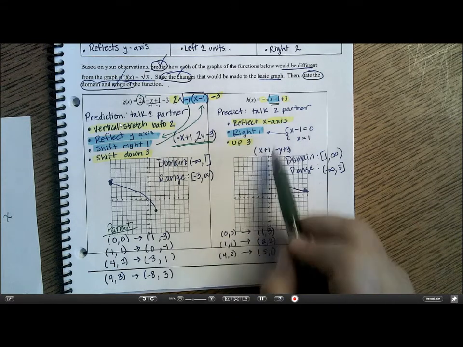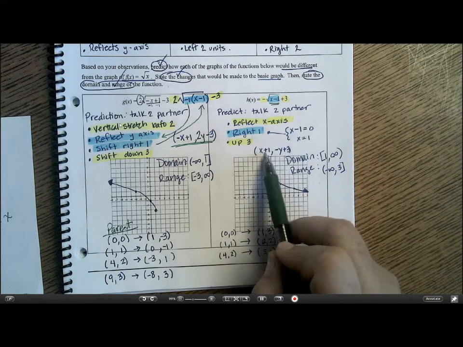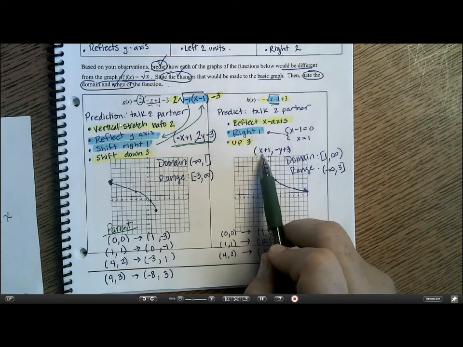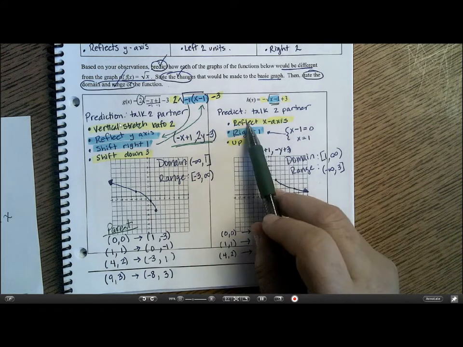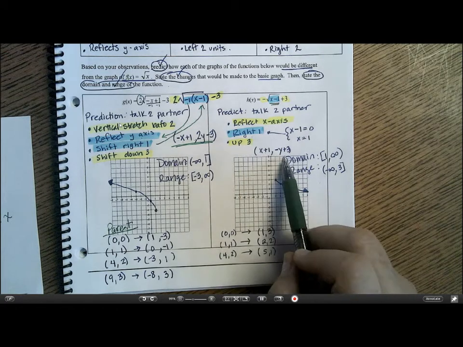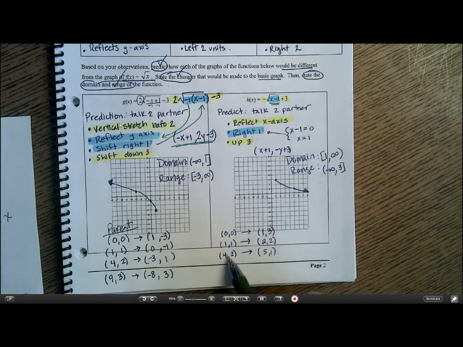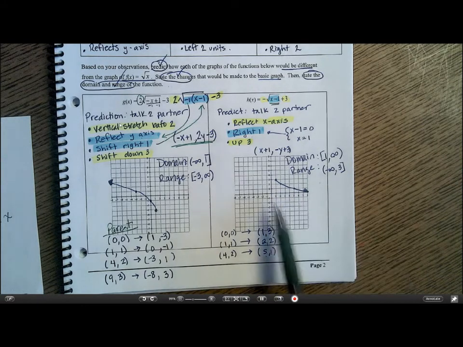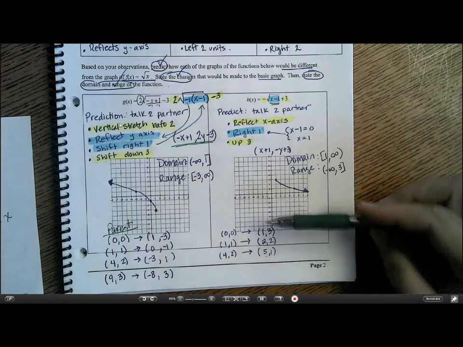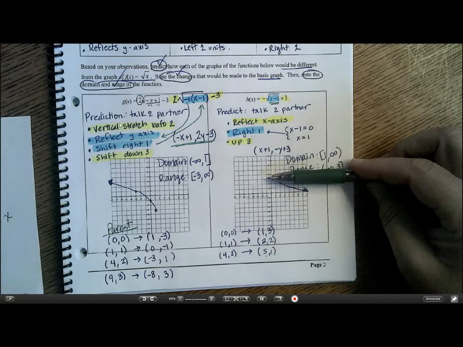The blue represents the change in the x, which is how I'm getting my x, and I'm supposed to add 1. The yellow represents the changes to the y, so it's -y plus 3. I'm making all of those changes to the parent. I generate these new points, and I plot them. The domain is from 1 to infinity, and then -infinity to 3 would be the range.